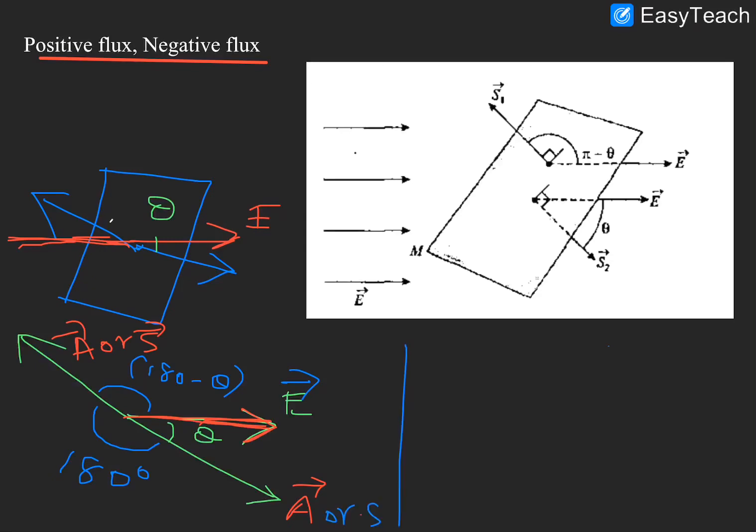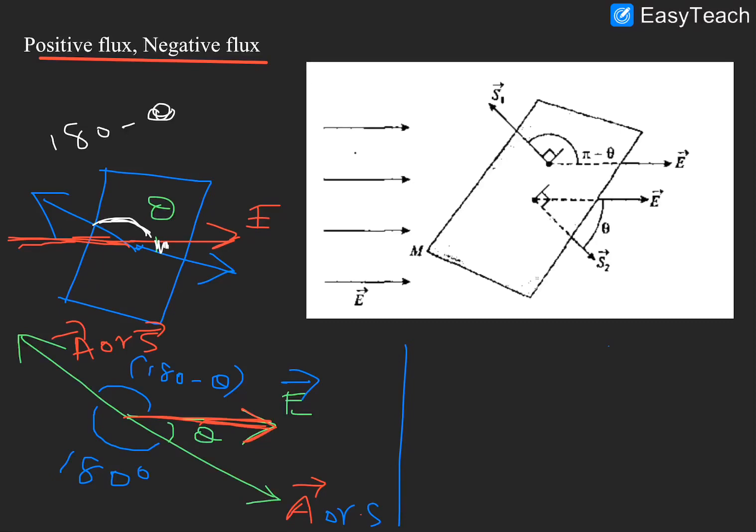So this angle is 180 minus theta, because this angle is theta. This is theta, so this is 180 minus theta.